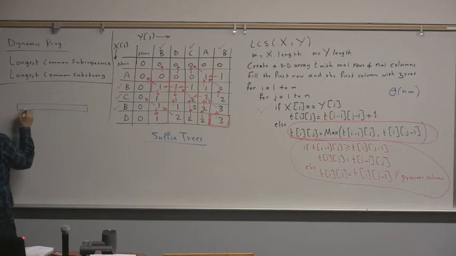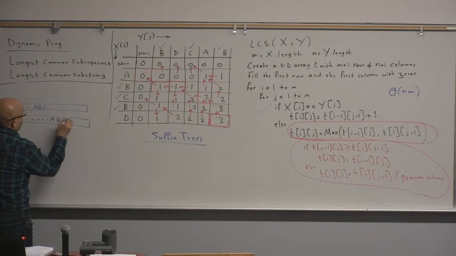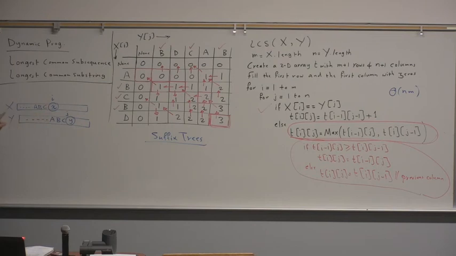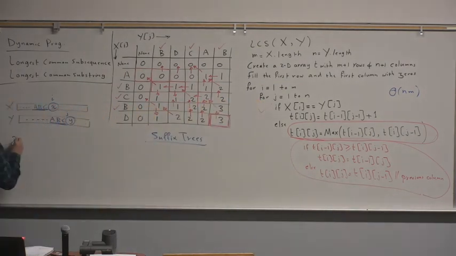I have, say, A, B, C, and here this is X, this is Y, and I have A, B, C here, and then I hit X and Y. So this is I and this is J. Now I'm at index I in X and index J in Y. Clearly, if X equals Y, then this is going to give me a longest common substring of size 4.